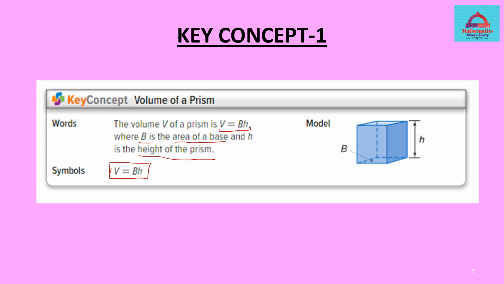So if the prism that we are considering has a square base, it is a square prism, then the capital B is going to be the area of that square, which is the base. If the base changes, and there is a rectangular prism, then capital B denotes the area of the rectangle. So based upon the type of prism that you have, you will be able to calculate capital B, the area of the base, and then plug in the formula to find the volume. We'll be looking at some examples now.